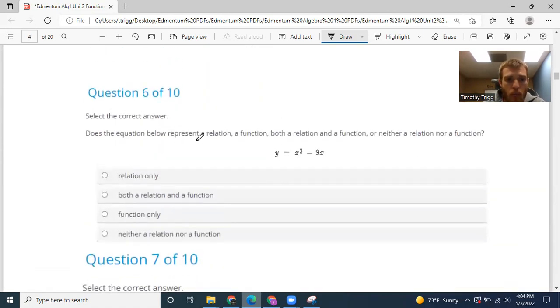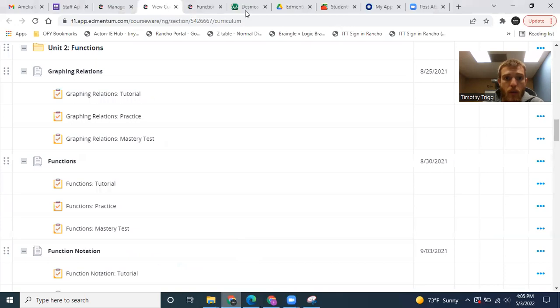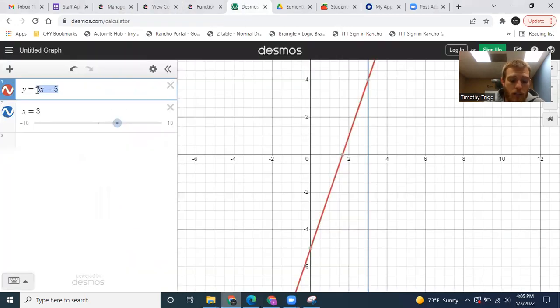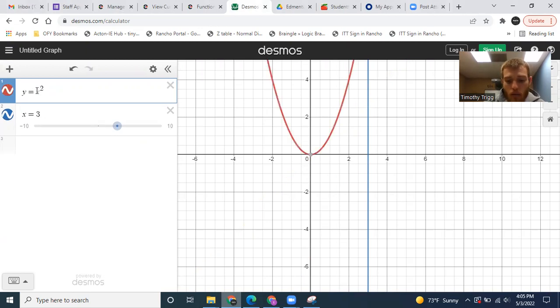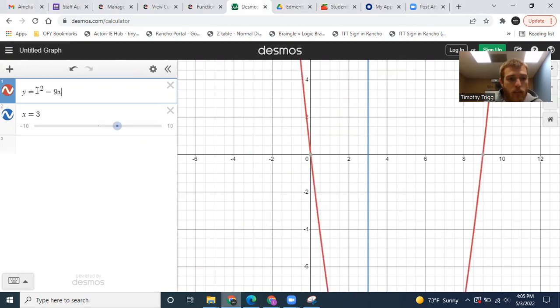Does this equation below represent a relation, a function, both a relation and a function, or neither a relation nor a function? We know it's a relation. We just want to know if it's a function or not. If you're not sure, you could always graph it. We have x squared minus 9x. I'm going to go on Desmos, x squared minus 9x.